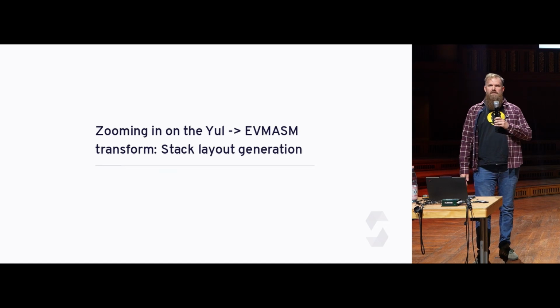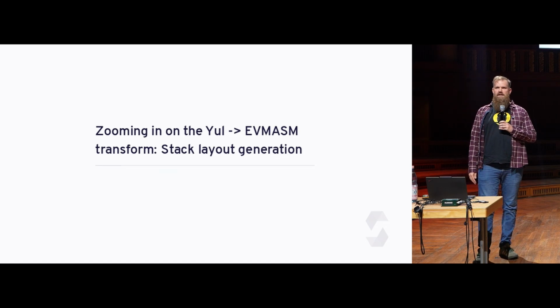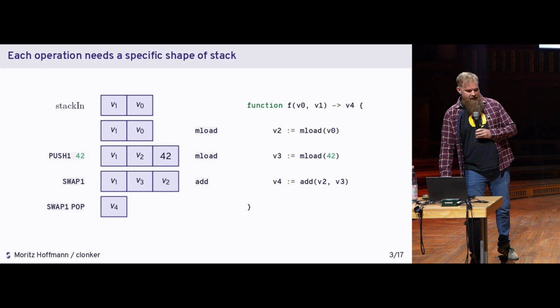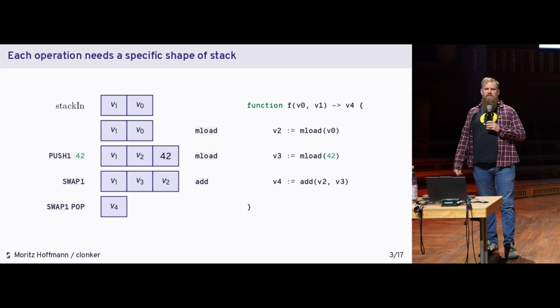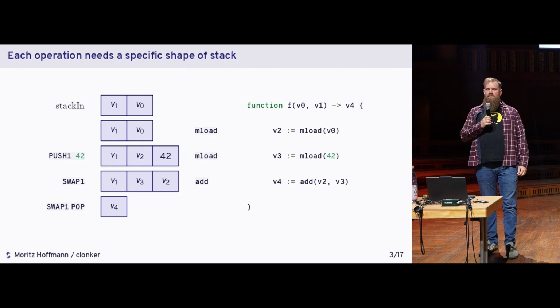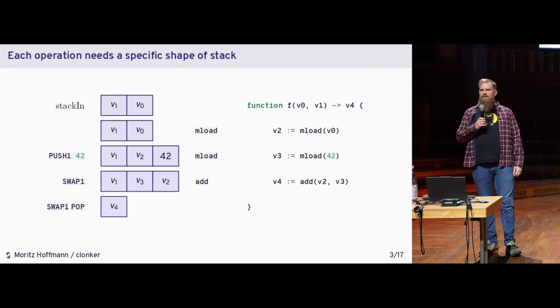And in particular, what I want to look at is a step that we call stack layout generation, or sometimes it's also called stack layout scheduling. And that is a step that will, for each function and for each built-in call, where a built-in could, for instance, be here an mload on the right-hand side, prescribe a specific layout of the stack that we expect the EVM state to have at that point in time when executing the bytecode.